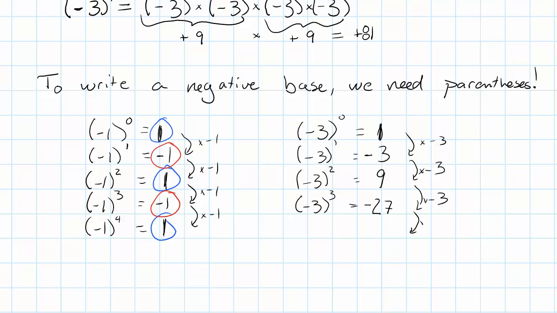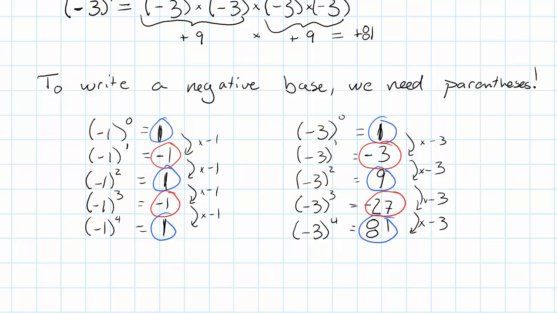Multiply by negative 3 one more time. Negative 3 to the 4th power will be positive 81. Again, we're alternating positive numbers and negative numbers.